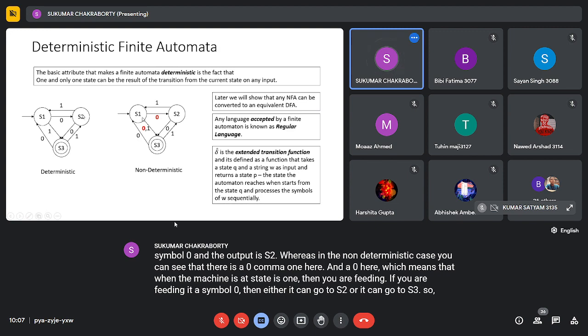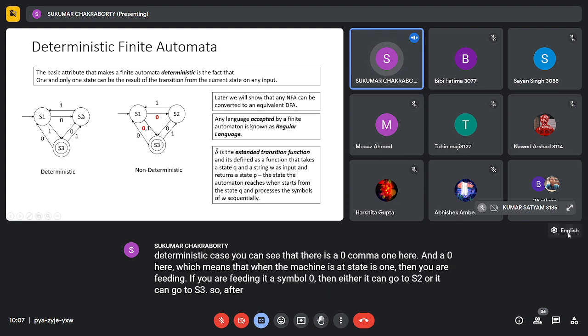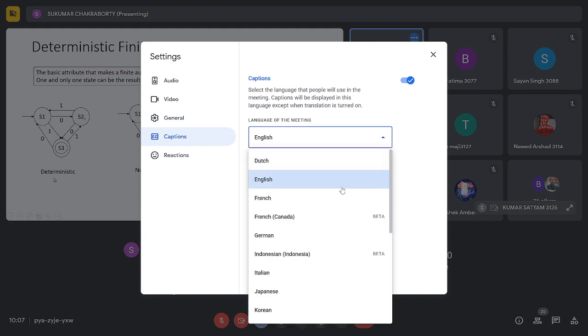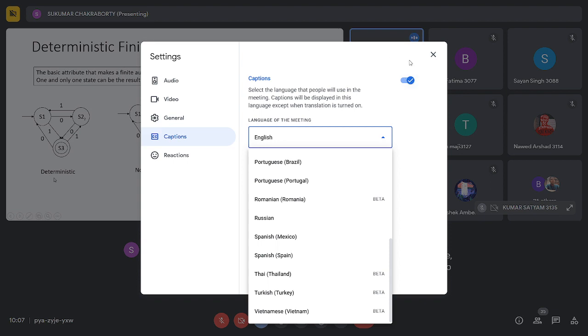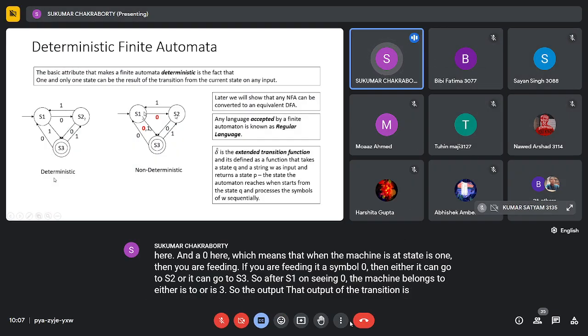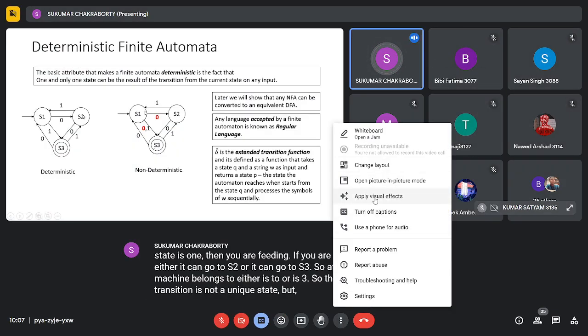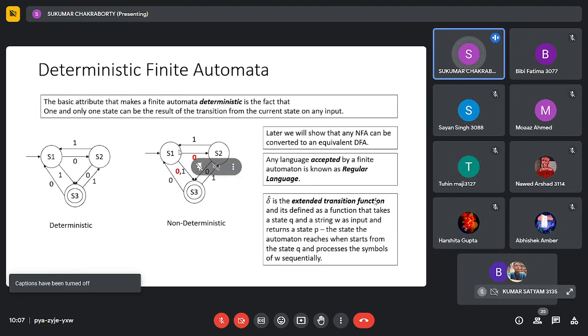So after S1, on seeing 0, the machine belongs to either S2 or S3. The output of the transition is not a unique state but a set of states. That is the basic difference between a DFA and an NFA.